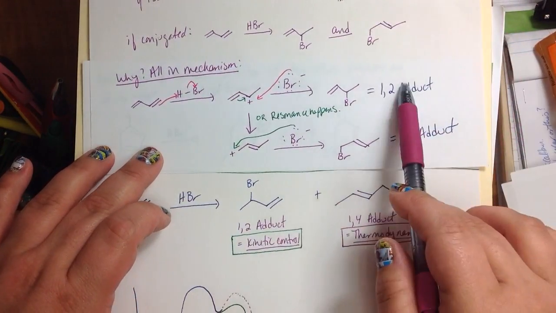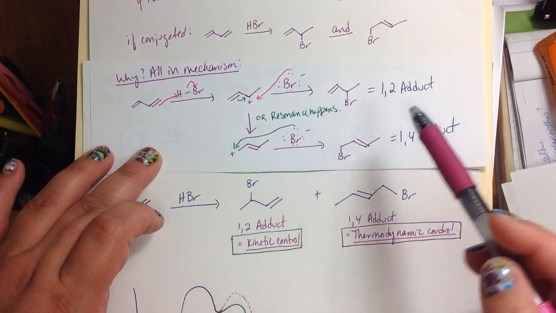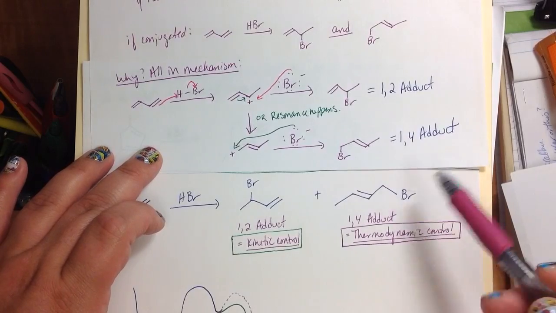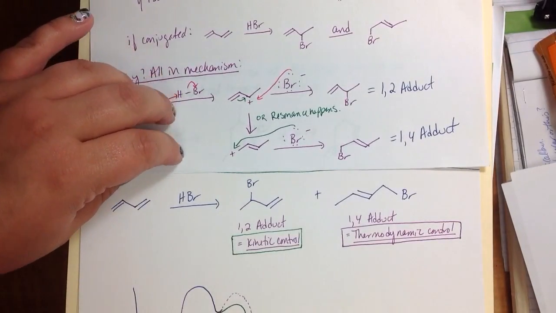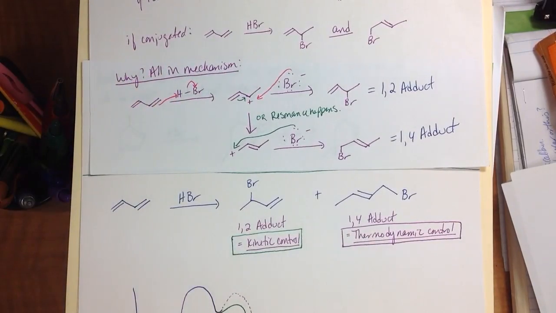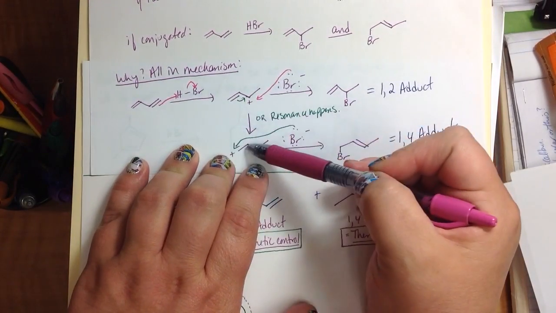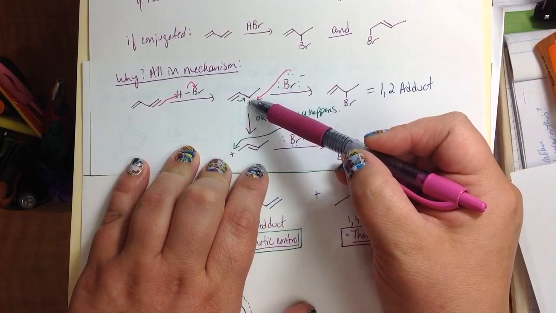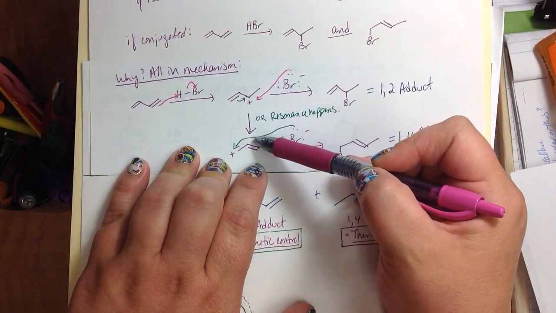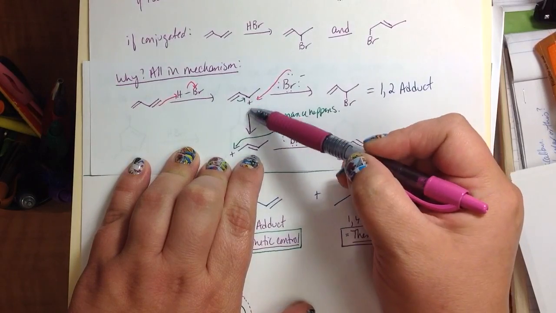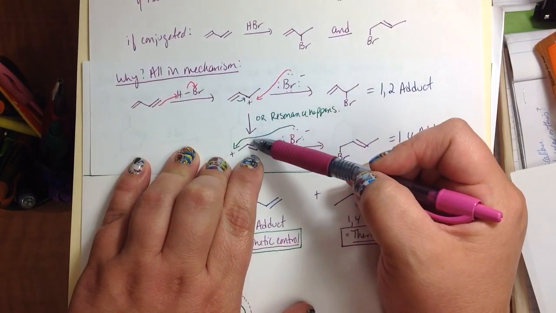We said that this is the 1,2 adduct, as you see down here, and this is the 1,4 adduct, you see here. Okay. Well, when we look at the energy diagram for these two, looking at this mechanism, doesn't it make sense that to flip this bond, it would take more energy to make that happen? Because this has a certain energy requirement right here.